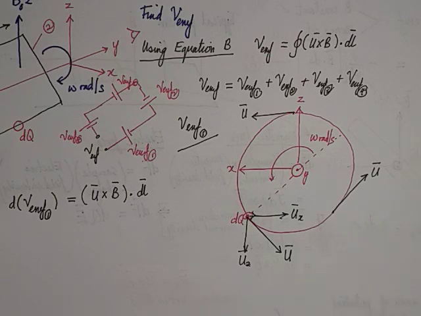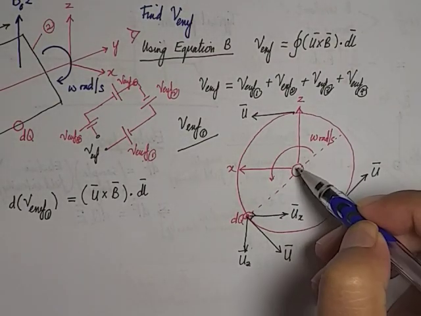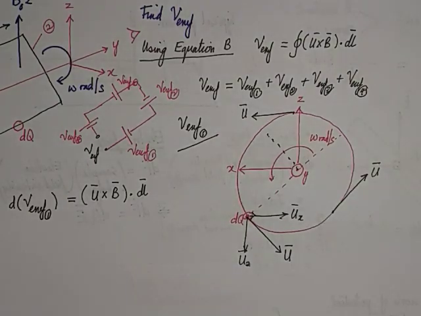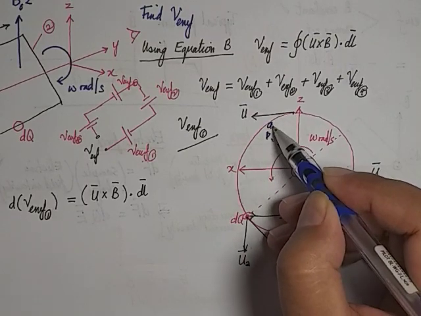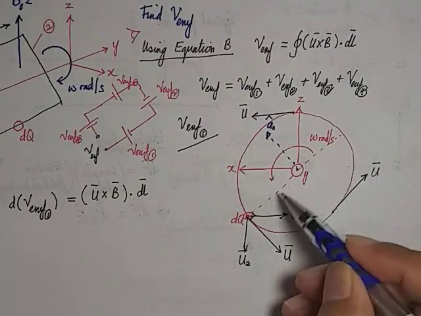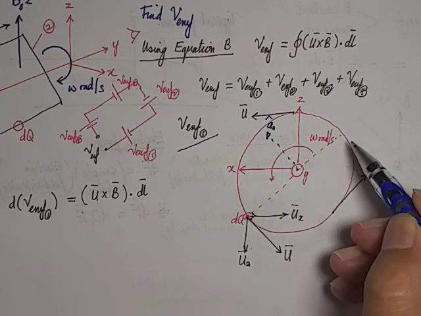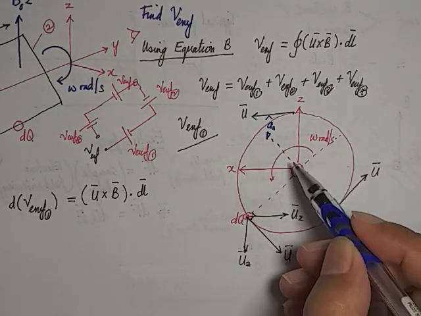Okay, so now let's do that conversion. How do we do it? This u is going to be parallel to this vector. What is this vector known as? A unit vector an. Because remember, this structure contains area, and this area has a unit vector normal to the area, which is an.